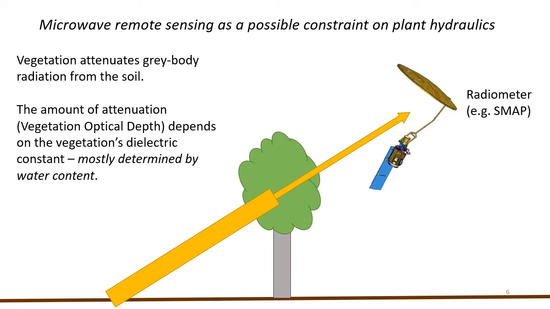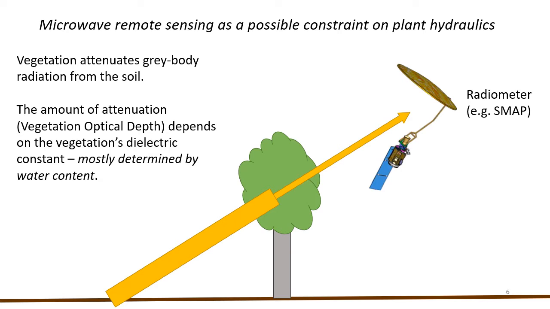Instead of the bottom-up approach of taking data about individual plants and trying to aggregate those to ecosystem scale, what we do in this talk is look at remote sensing, where we take a top-down approach looking down from space, and this naturally comes with spatial aggregation and large spatial extents.